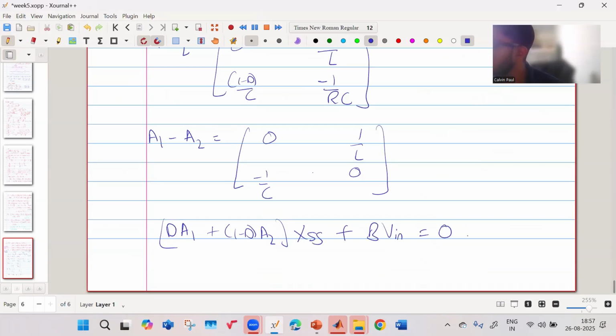This is equal to 0. This we need to find for the DC operating point. So we have to find our X steady state. How will you do that?